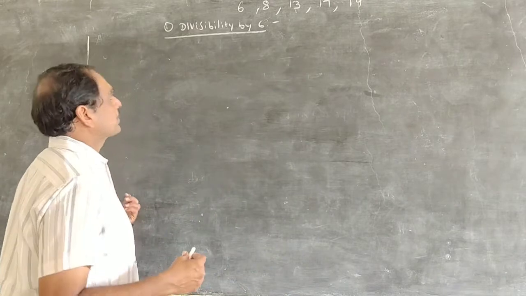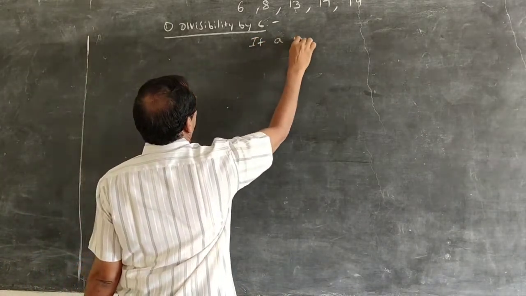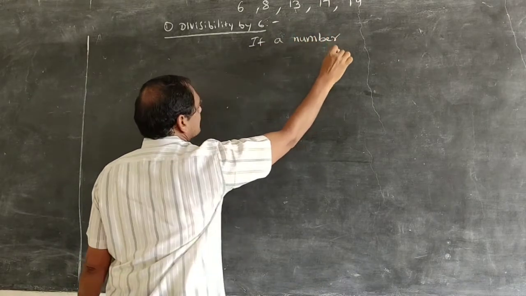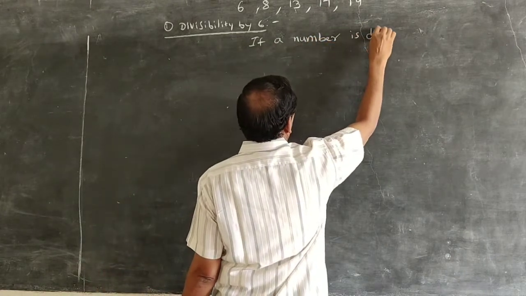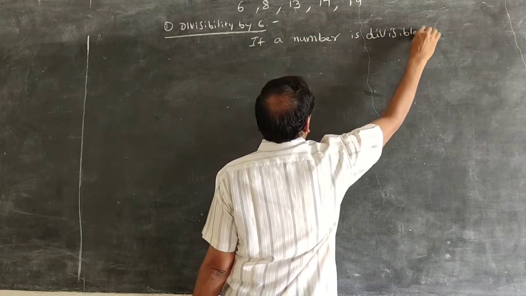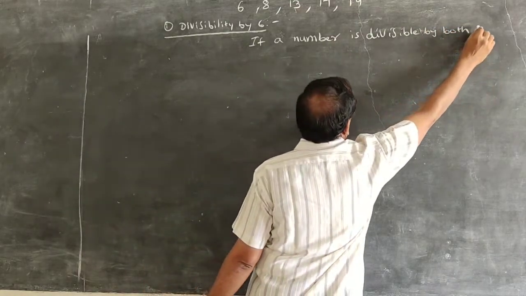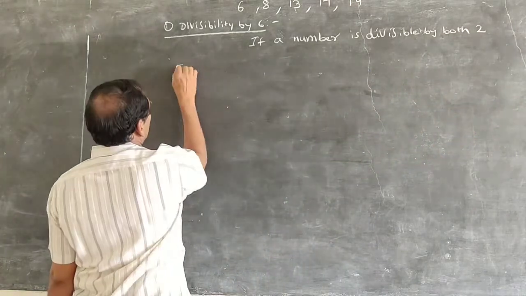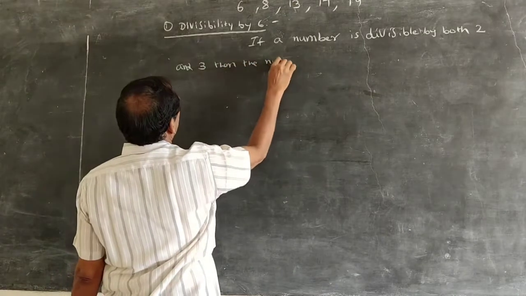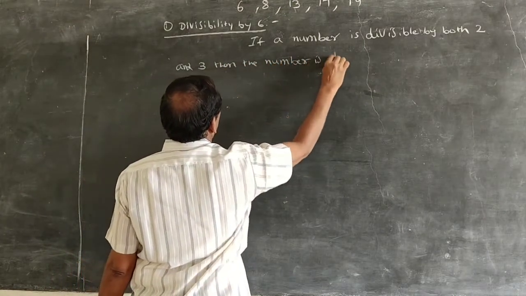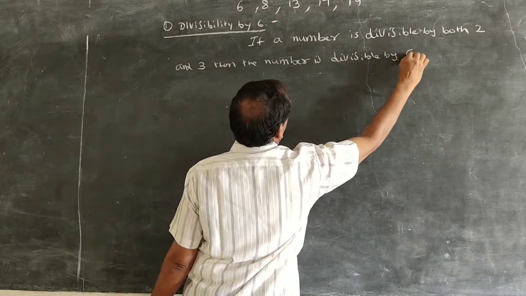So we write the property, that is, if a number is divisible by both 2 and 3, then the number is divisible by 6.